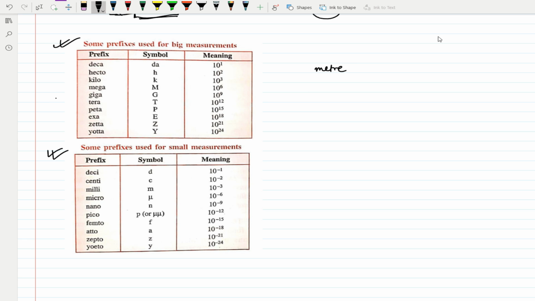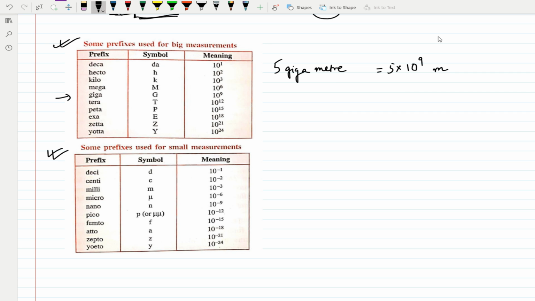Suppose the basic SI unit is meter, and out of this you have giga written before it, giga. Now what does this mean? Since it is a big measurement, it means 10 to the power 9 meters. Gigameter is 10 to the power 9 meters. Similarly, if you are given 5 gigameter, it will be 5 into 10 to the power 9 meters.